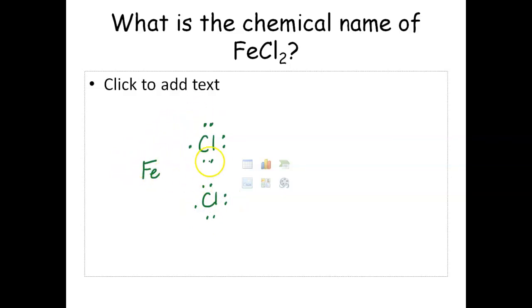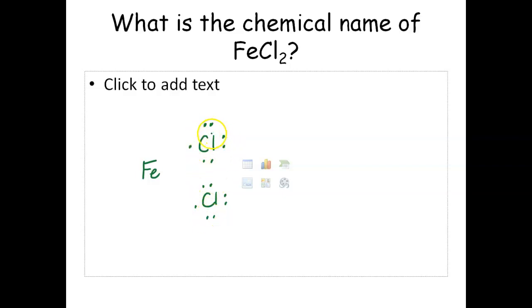So what that is saying is that it took only 1 iron for the 2 chlorines to fill their valence shells. This chlorine needs 1 valence electron, and this chlorine needs 1 valence electron.